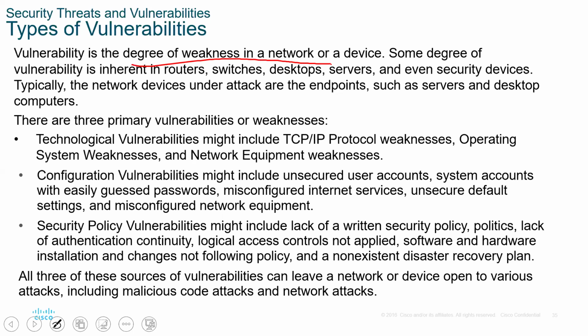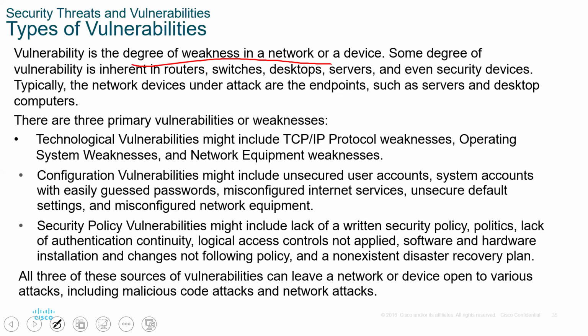There may be a vulnerability in the hardware or in the software, but there are different vulnerabilities. There are 3 primary vulnerabilities or weaknesses. One is the technological vulnerability, which might include the TCP protocol weakness, the operating system weakness, or the network equipment weakness.